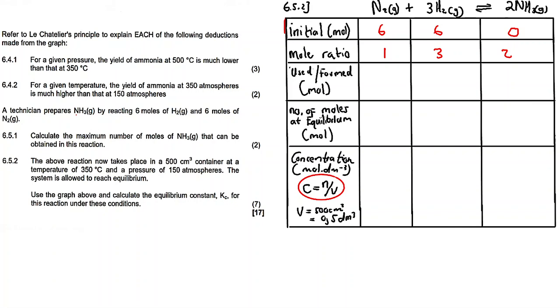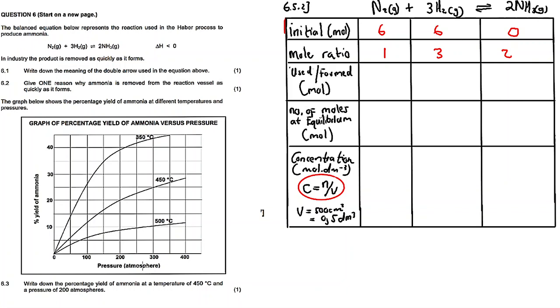So we must go back to this graph to check. Pressure is 150, this is 150. Temperature is what? It's 350. We go up and across.